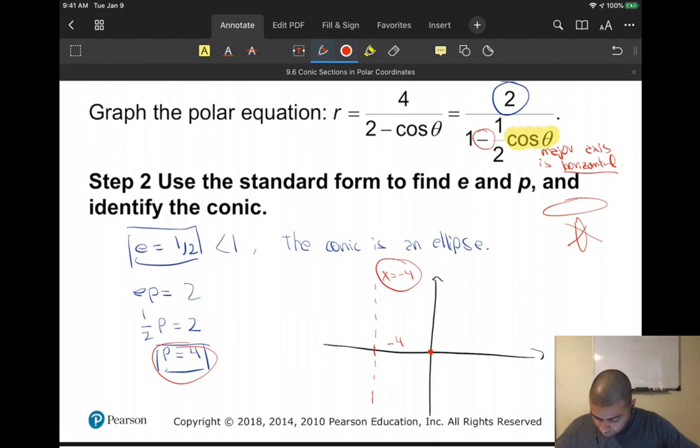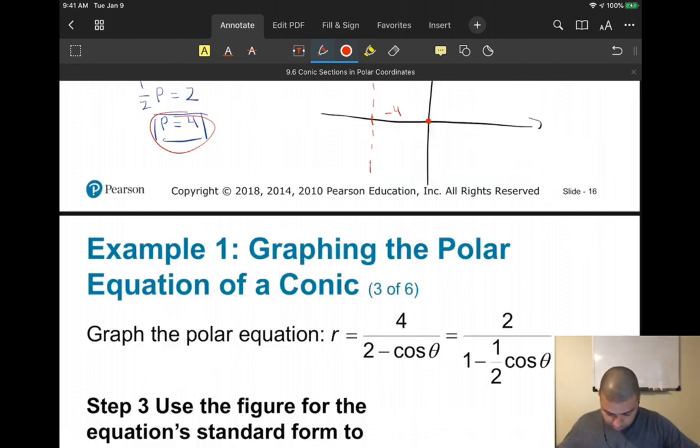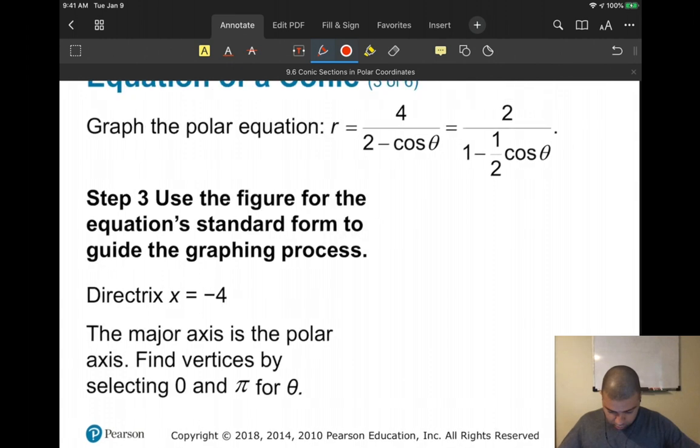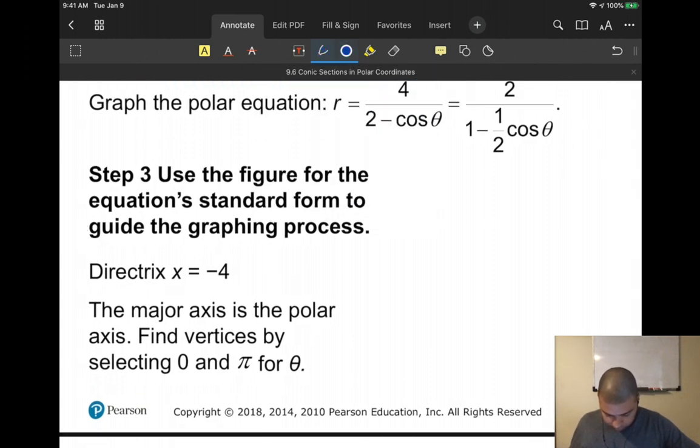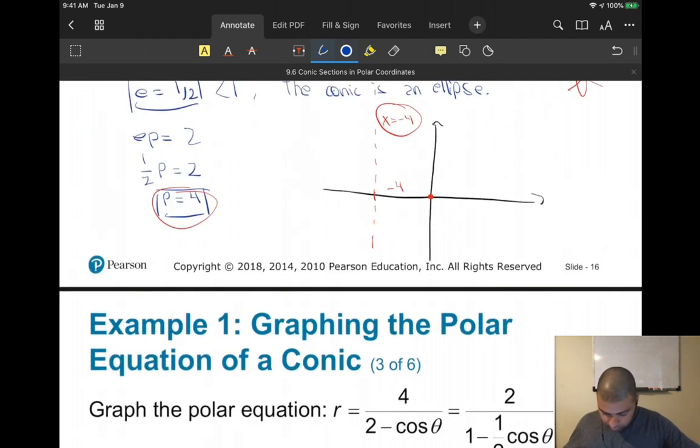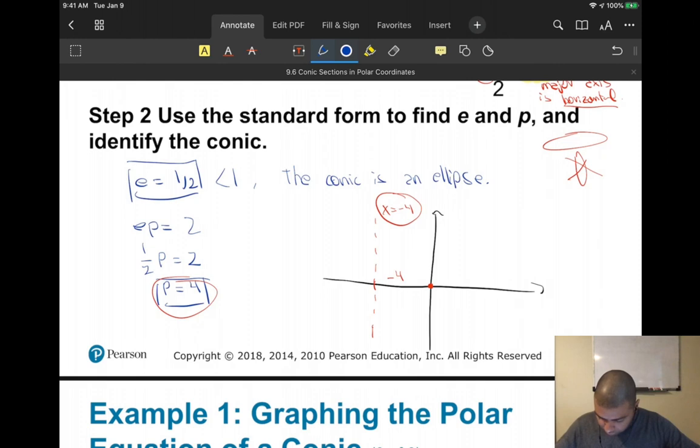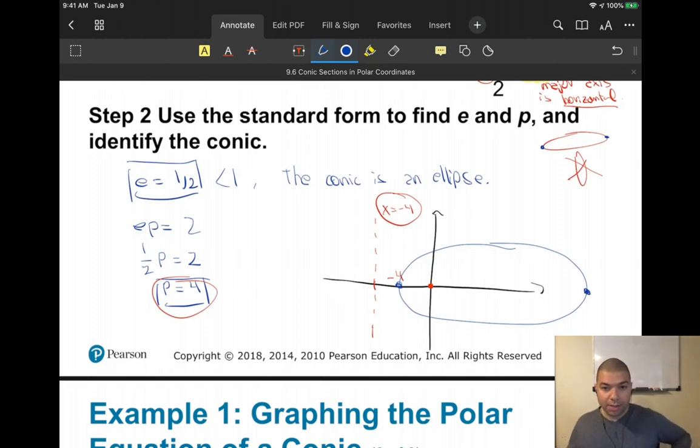Because I know my ellipse looks like this, let me go back down. That's what they're telling us. I want to go ahead and find some of the points. So I want to find these 2 points. I know my ellipse looks a little bit like this. So I want to find these 2 vertices here, which are the points on the major axis.